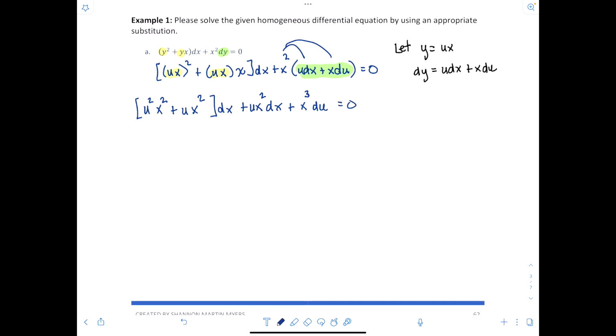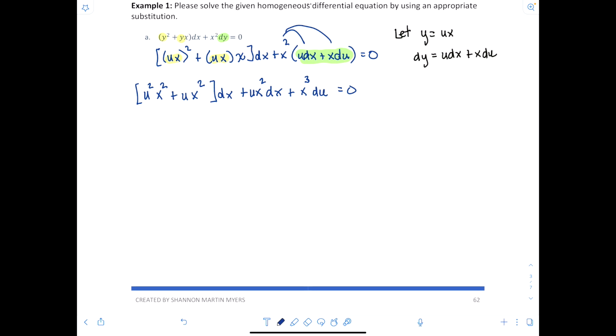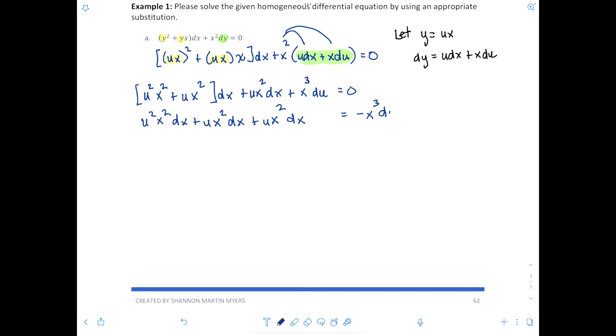Now remember, we want dx over x so we can solve this, right? So let's clean this up. We'll have u squared times x squared dx plus u times x squared dx plus u times x squared dx equals negative x cubed du. That's the only du term, so I'm just getting it over there.